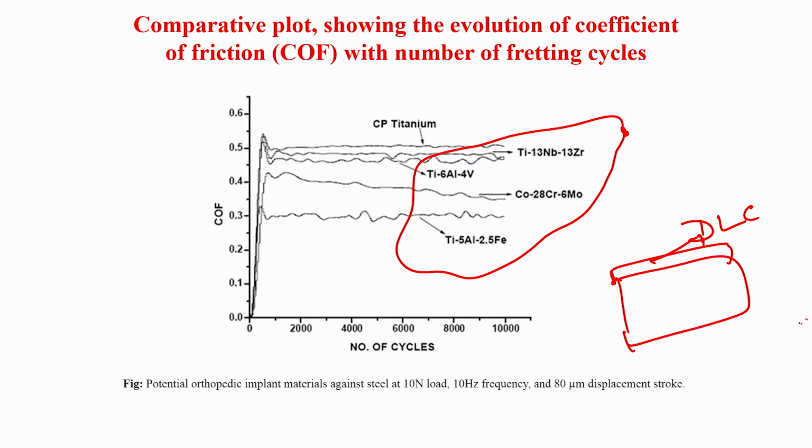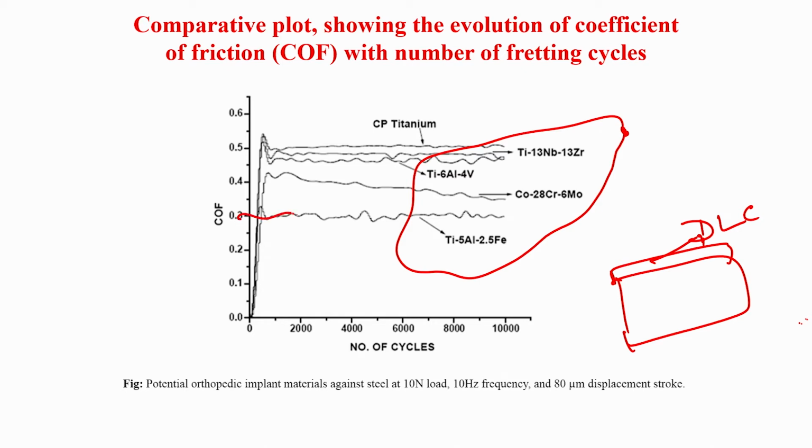And when their frictional properties are compared with commercially pure titanium, depending on the alloying element additions or the alloy composition, it is possible to realize a much reduced coefficient of friction.